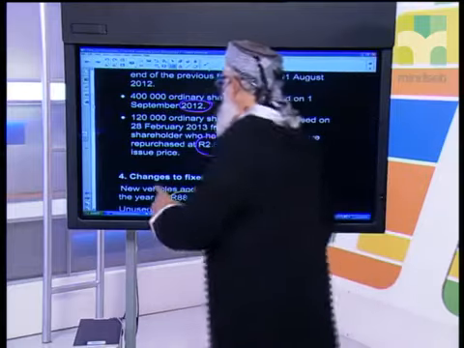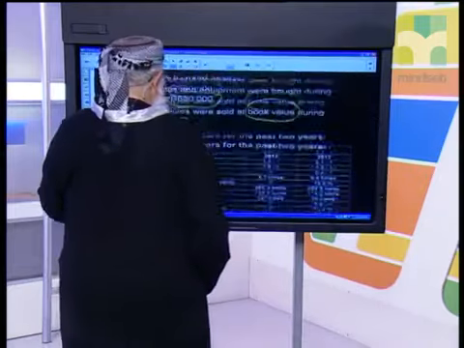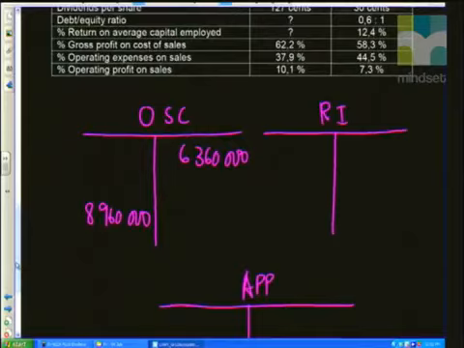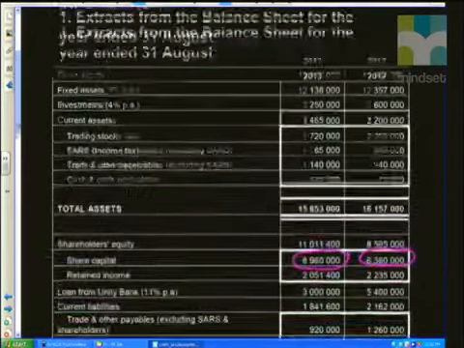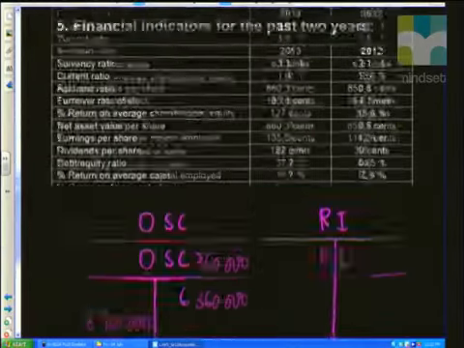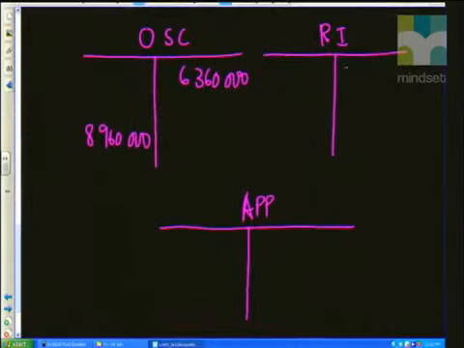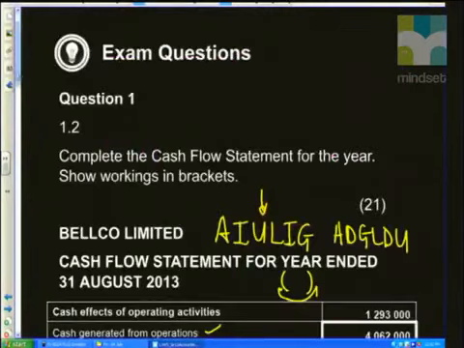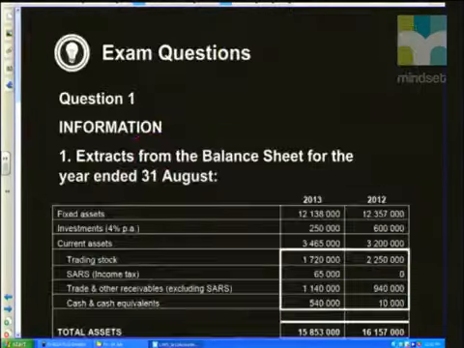Okay. So now, let's take that information again regarding our retained income. Let's see what information we have. Retained income, you have an opening balance of 2,235,000. So therefore, 2,235,000 as my opening balance in my retained income. And I need a closing balance for my retained income as well.